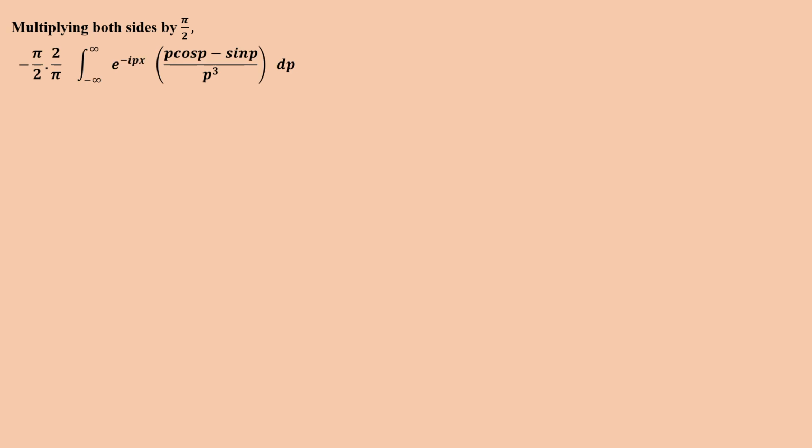So multiplying both sides by minus pi by 2: minus pi by 2 into 2 by pi integral from minus infinity to plus infinity e power minus ipx, p cos p minus sin p by p cube dp, is equal to pi by 2 into 1 minus x square when mod x is less than or equal to 1, 0 when mod x is greater than 1.